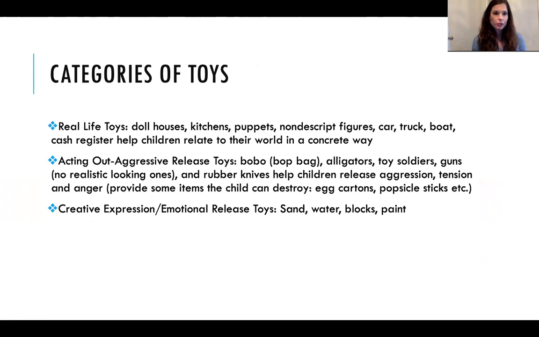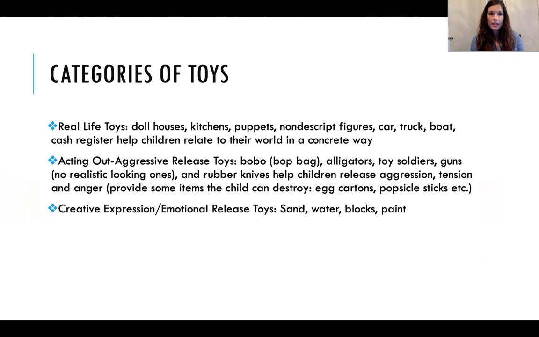Categories of toys include real-life toys, like dollhouses, kitchens, puppets, nondescript figures, car, truck, boat, cash register. These help children relate to their world in a concrete way. Acting out aggressive release toys include the Bobo, like the bop bag that the kids can hit and it bounces back.